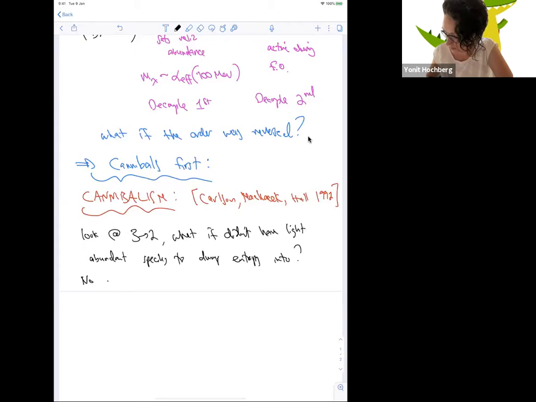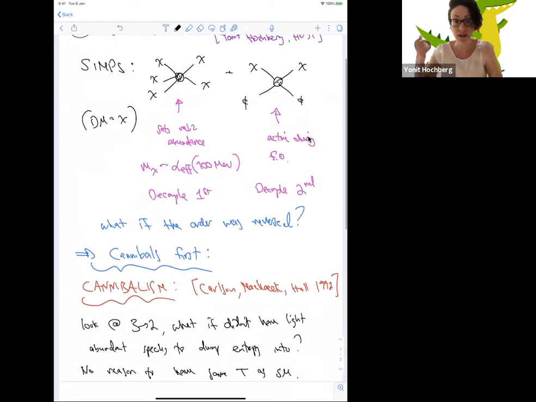So in this case, there's no reason to have the same temperature as the standard model. What happens in a sector like this that's undergoing these fast 3 to 2 processes?